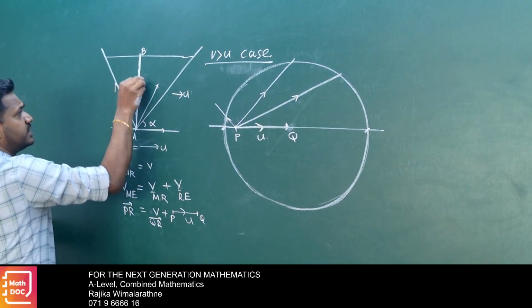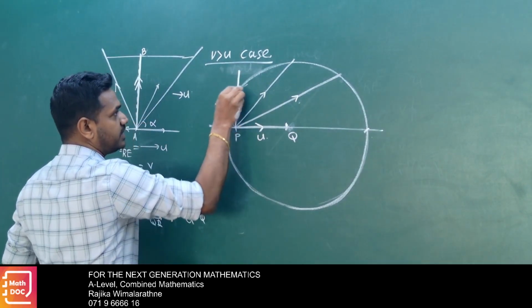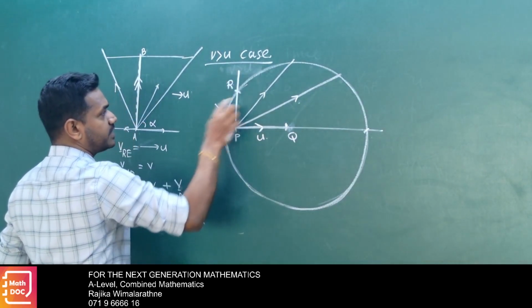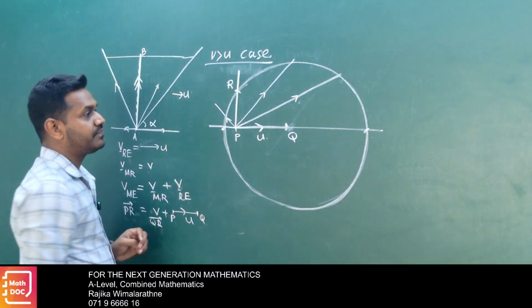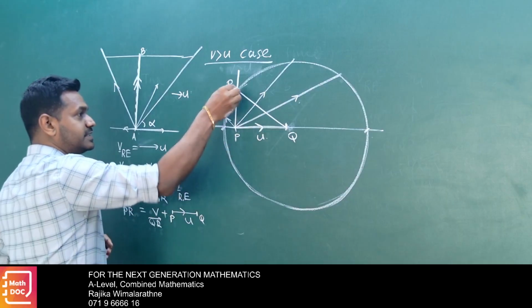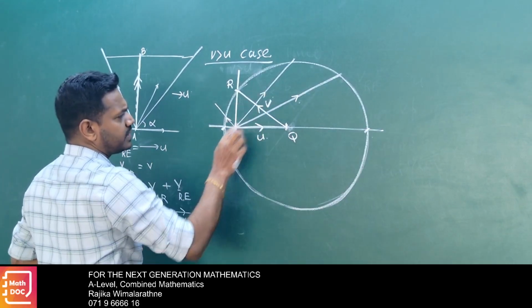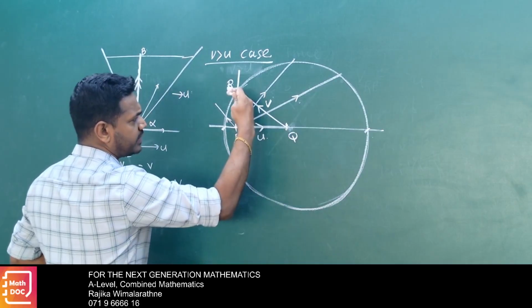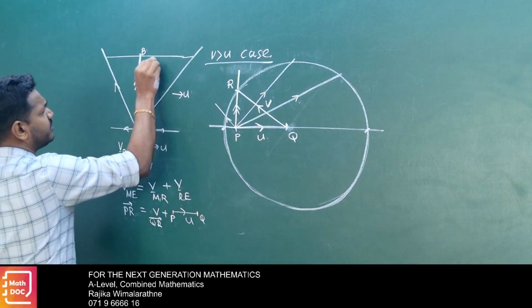Here this will be the shortest path, which belongs to this triangle. Take this point R. This R comes with the shortest path. The radius of this circle is V. PQ vector plus QR vector gives the resultant PR. Now say this is the shortest path.